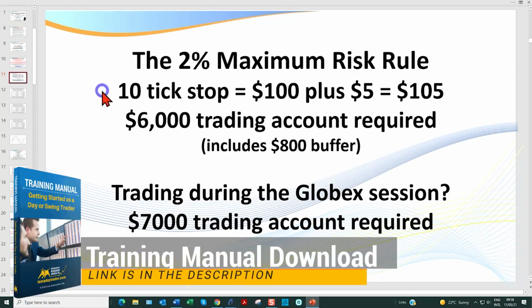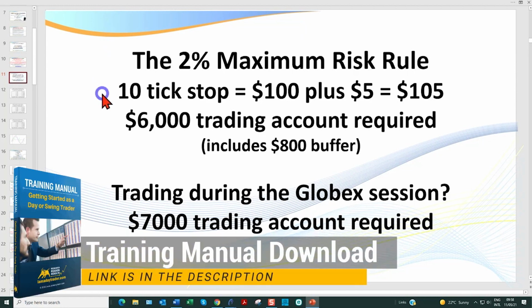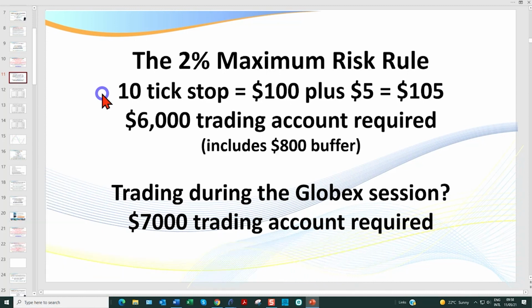Now what that means is if you are trading with a 10 tick stop, which can really vary on the basis of the time frame that you're using. So I might have a stop anywhere from 6 ticks up to 14 ticks, but let's just use an average of 10.